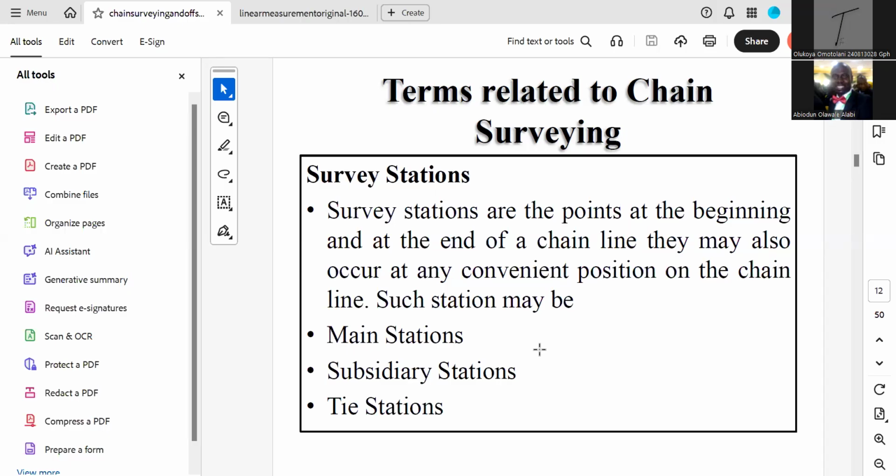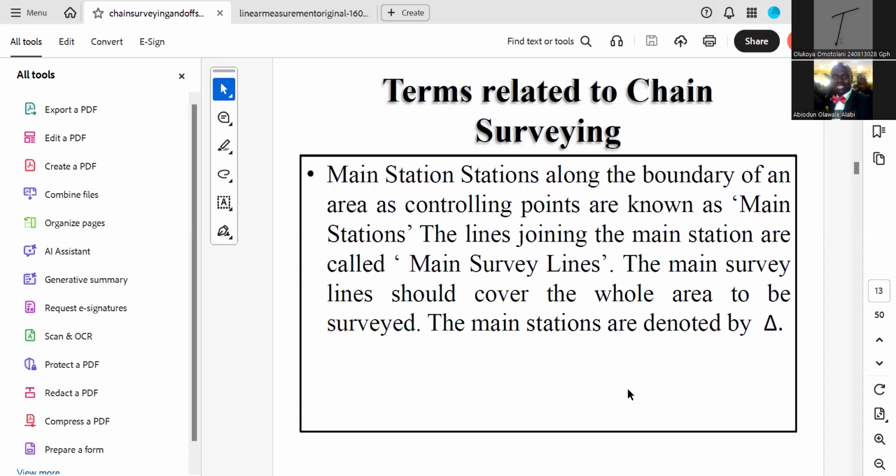So can you see what this slide is talking about? All the stations we have looked at, the main stations, the subsidiary stations, the tie stations, are categorized under one heading as survey stations, and that is correct. All of these stations are survey stations. So types of survey stations, we now have the main stations, the subsidiary stations, and the tie stations.